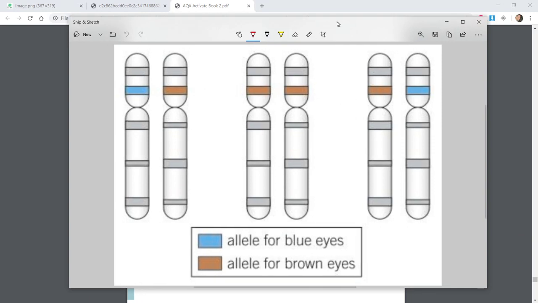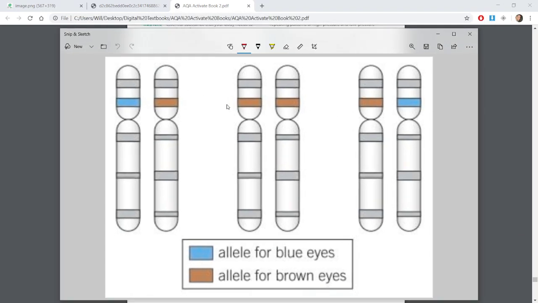Here we go. So when you inherit, here we've got an example chromosome. We've got the same chromosome 3 times, so it's in 3 different people. You could have, say, a parent with blue eyes and a parent with brown eyes. You could have both parents with brown eyes, or a parent with brown eyes and a parent with blue eyes.